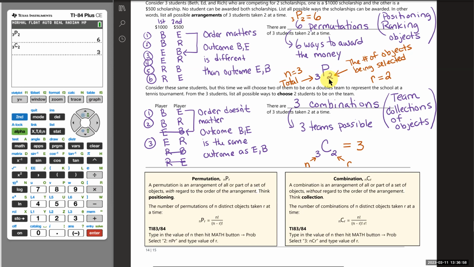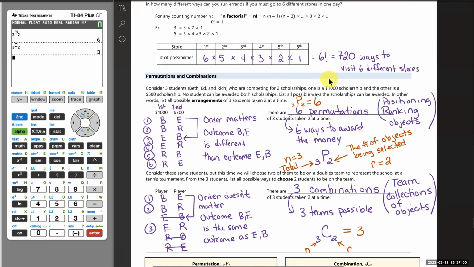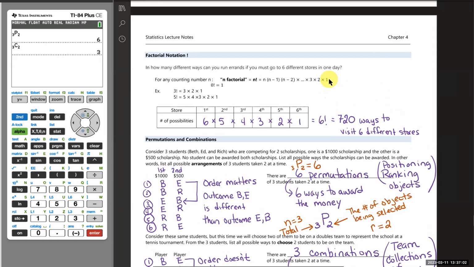So I want to go back to a problem that we did with the fundamental counting principle when we looked at the number of different ways we could run errands if we have to go to 6 different stores in one day. So this actually is an example of a permutation of objects because positioning would matter to us.